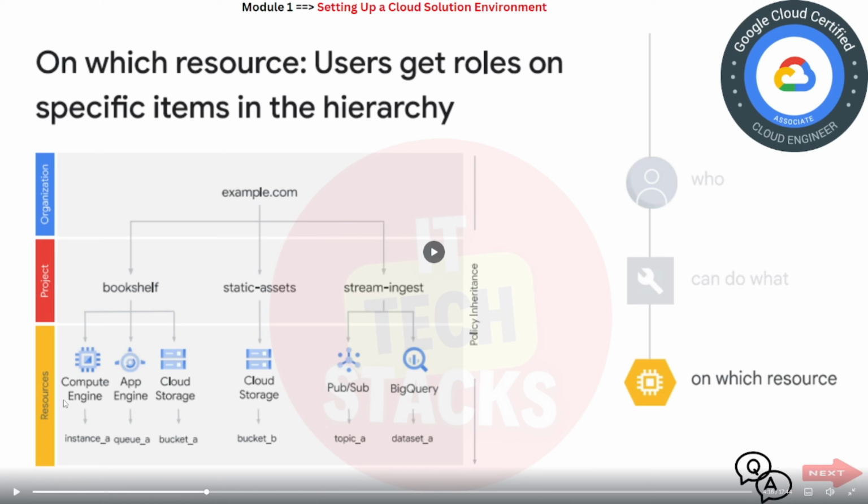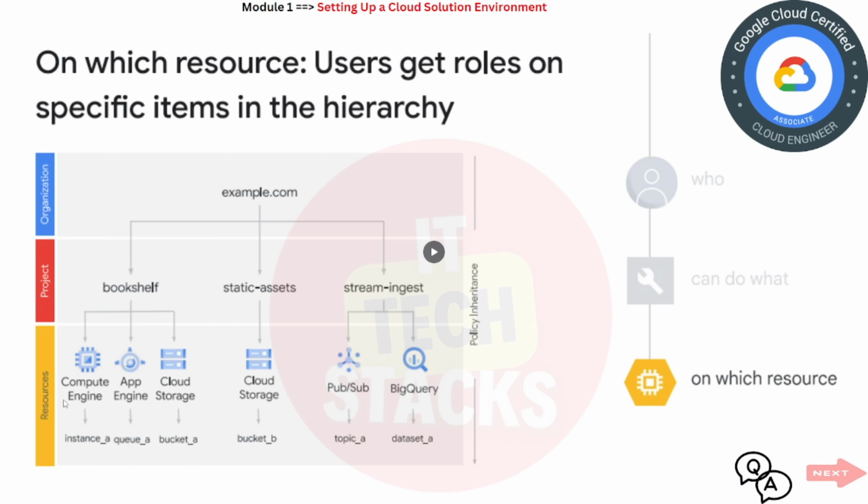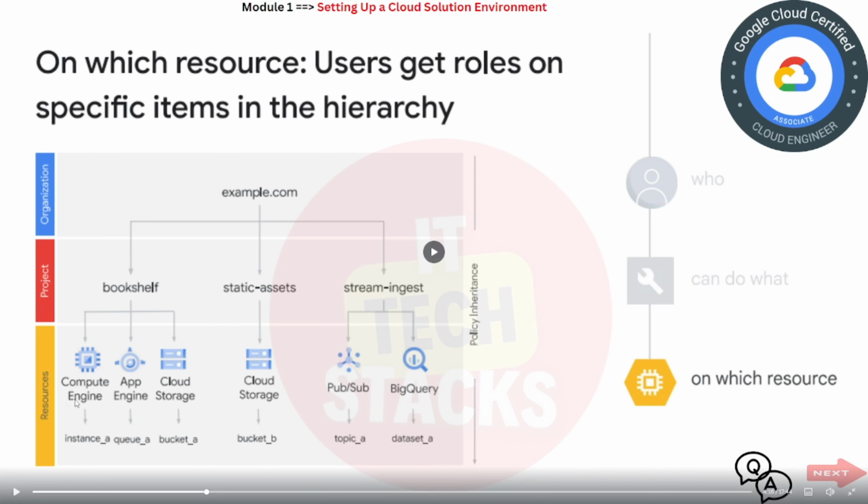Resources are the smallest level, the actual services used in GCP. For example, Compute Engine, App Engine, Cloud Storage, Pub/Sub, BigQuery, all of these are resources, or you can say services.